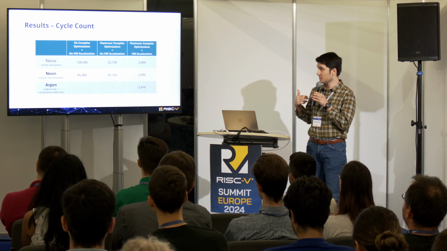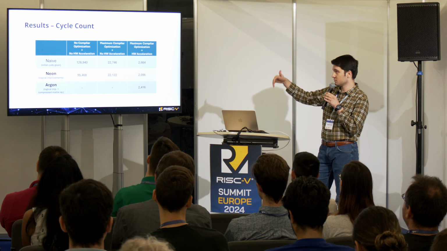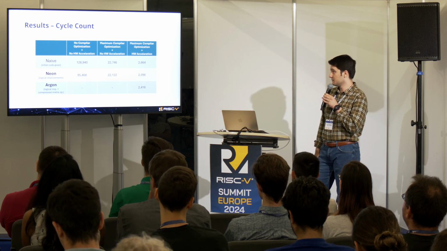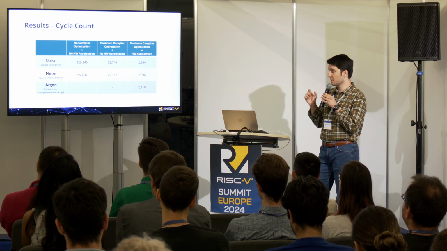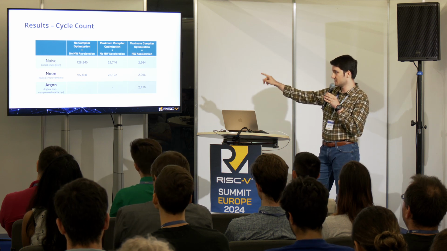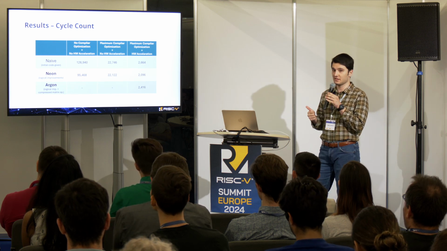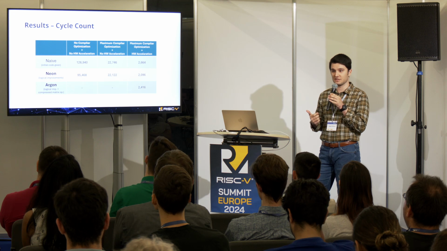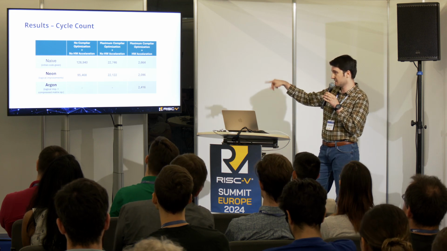And when we also add the hardware acceleration on top of it, the model without compressed matrix multiplication gets to 2096, and the model with compressed matrix operations gets to 2416.